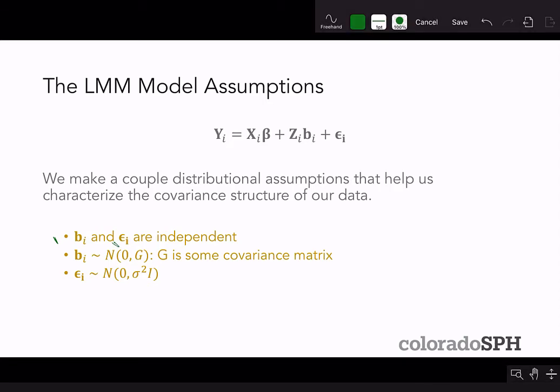The second is that the bi have some normal distribution with mean 0 and covariance matrix G. So bi is a vector. It can have multiple terms, and that's why that's going to be a matrix. And the b1 and b2 are not necessarily independent. Those can be correlated. And then we also assume that errors have a normal distribution with variance sigma squared.